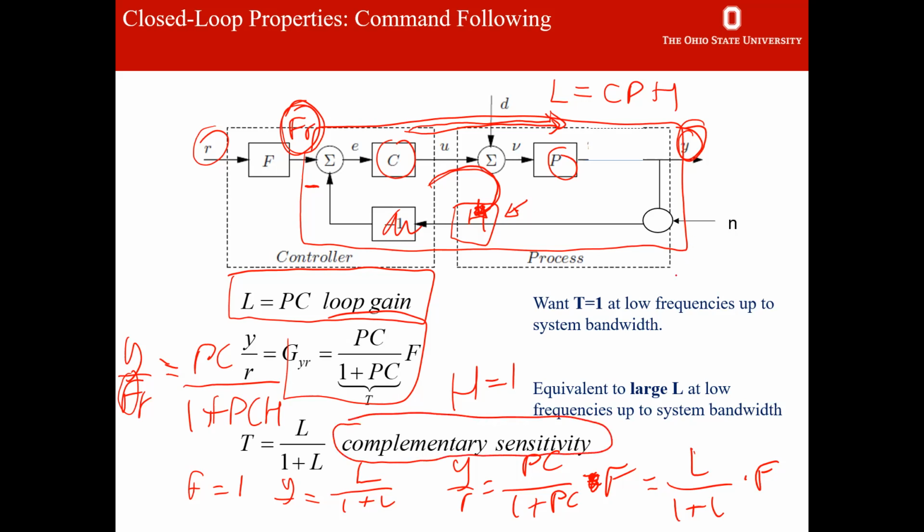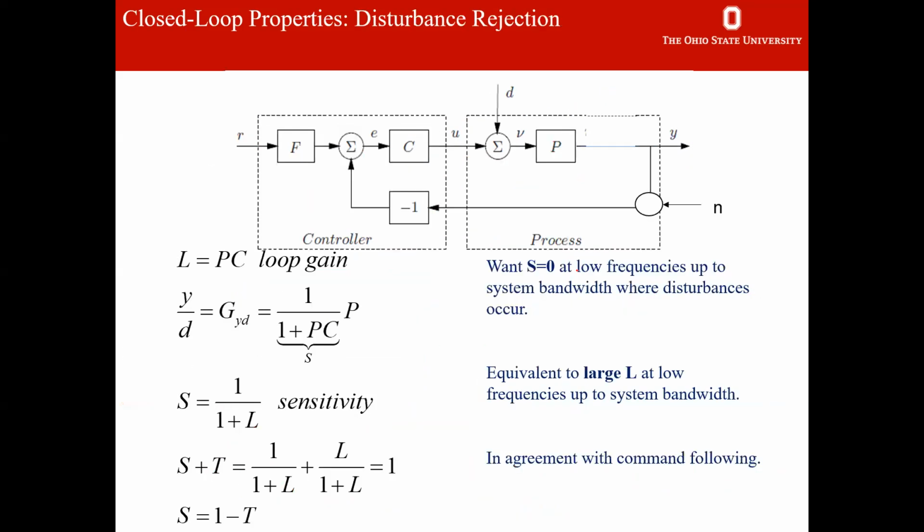We call it T. We want this T equal to L over 1 plus L to be equal to exactly 1. Not possible in practice, but yes, this is what we want, because then the output and the input are going to be exactly equal to each other. That's what we want in control. Again, we cannot do it, but that's what we want to do. This is what we call command following. That's our number one goal.